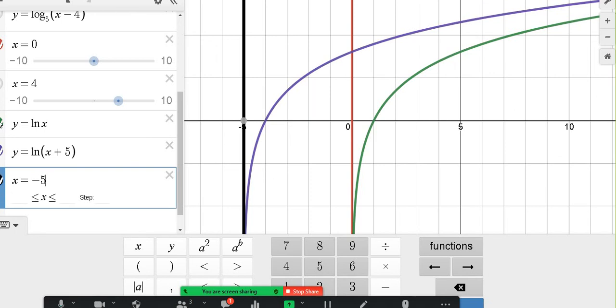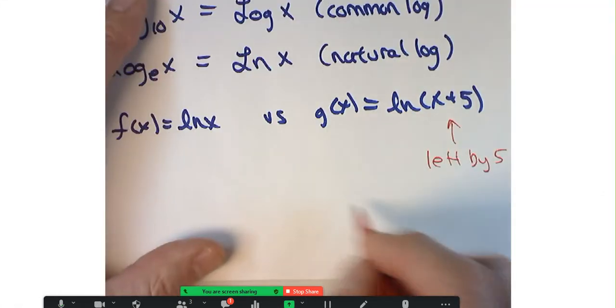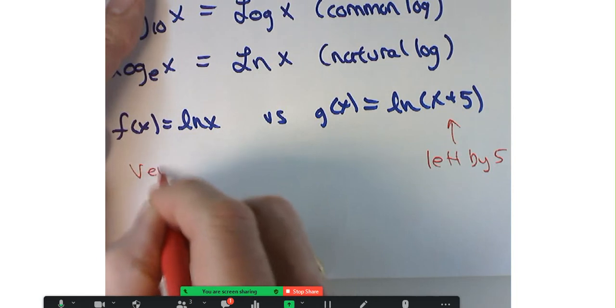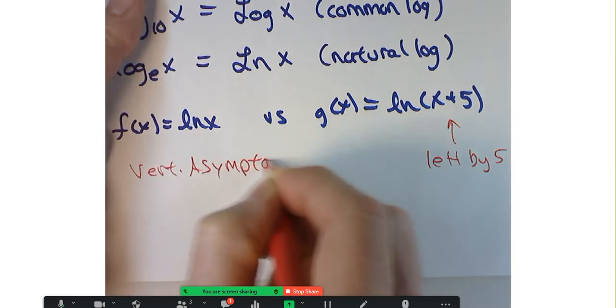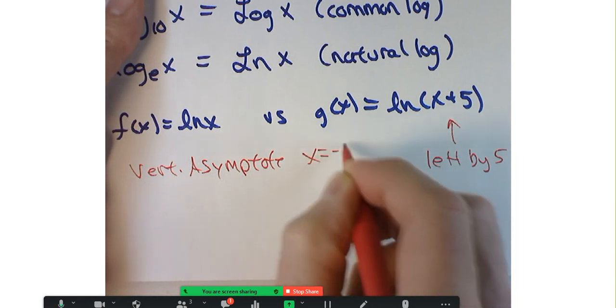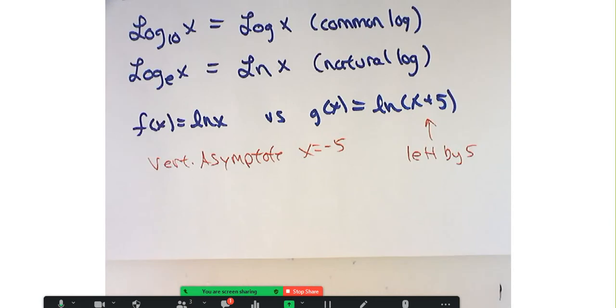So we can shut off this stuff here and here. x equals -5, that's our vertical asymptote. There's really a couple ways you can come up with the domain.